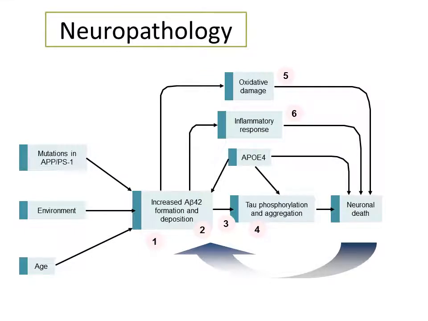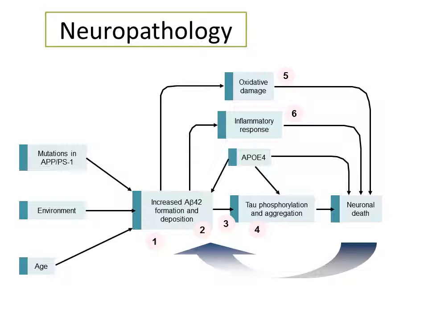Some ongoing studies say that statins and NSAIDs may help also. Regarding the neuropathology, we have neuronal death as the end result. However, as we said before, aging, environmental factors, and mutation in some genes may lead to an increase in beta amyloid formation and deposition, leading to tau phosphorylation and aggregation, leading to neuronal death.